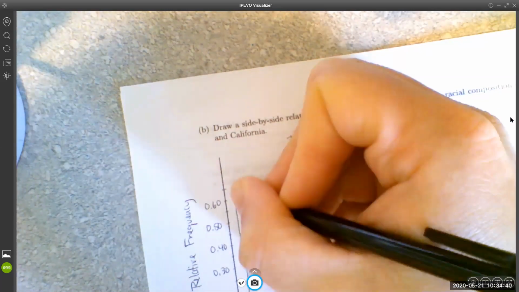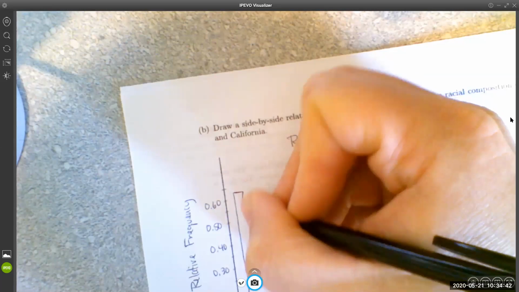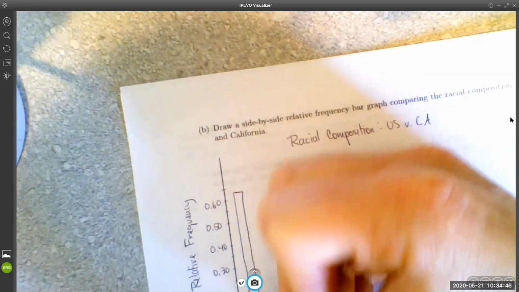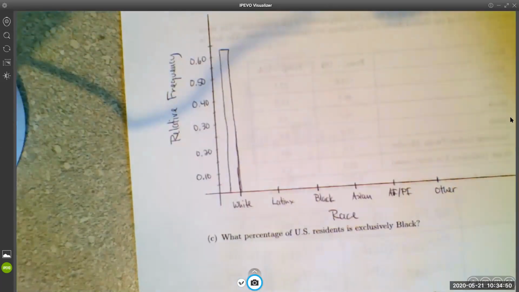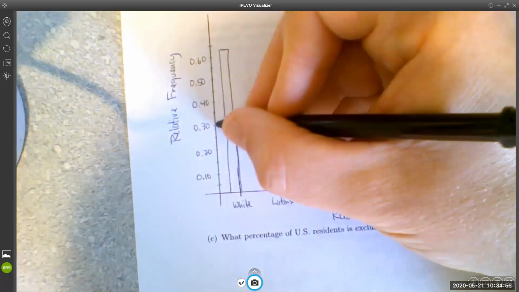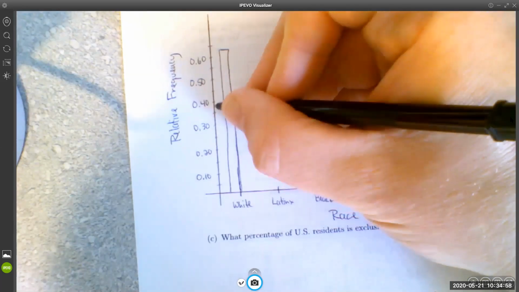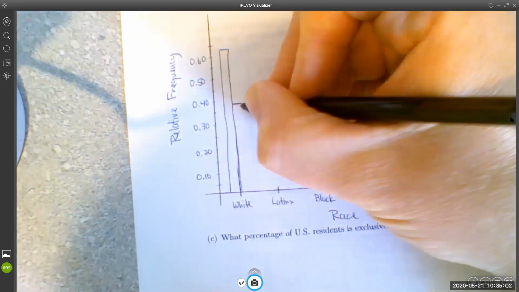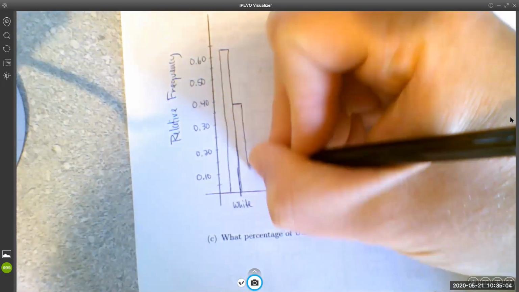If I really wanted to be super neat, I could use my ruler, but I just don't care that much. There's my bar for white people in the United States. And for California, it was a bar that went up to 38. There's 35, there's 40, 38 is somewhere right here. I'm just going to draw this bar right up next to the other one.